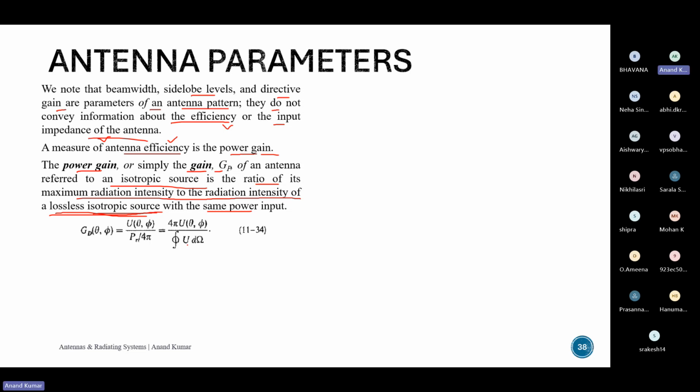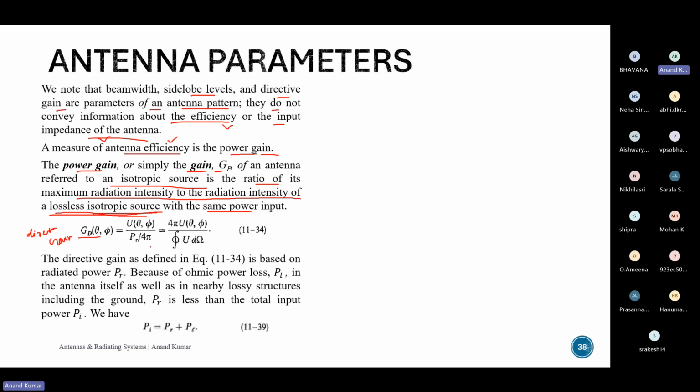Let's write the expression. This is the expression for the directive gain. Over here, this is based on the radiated power, the amount of power in that direction relative to the total amount of power radiated. But when we write radiated power, we are missing out the ohmic power losses within the structure. So there are some losses as well.